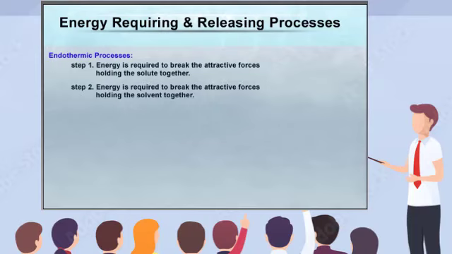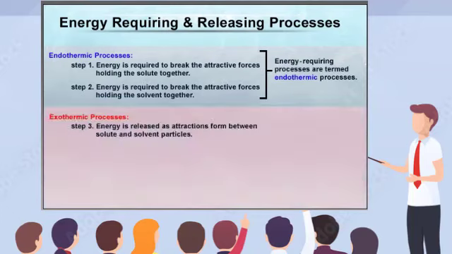Processes requiring energy in the form of heat, such as those occurring in steps 1 and 2, are called endothermic or energy-absorbing processes. In contrast, the process in step 3 releases energy as attractions form between solvent and solute particles. Energy-releasing processes are called exothermic processes.